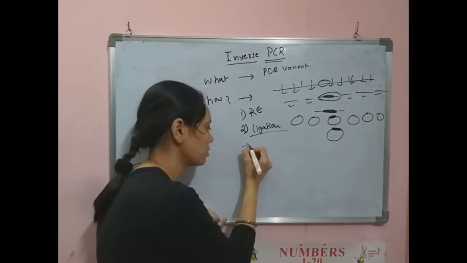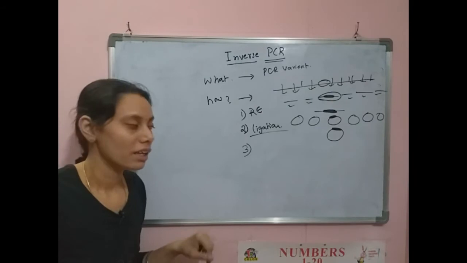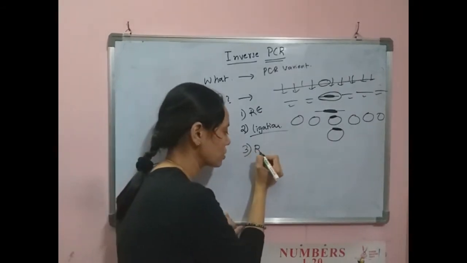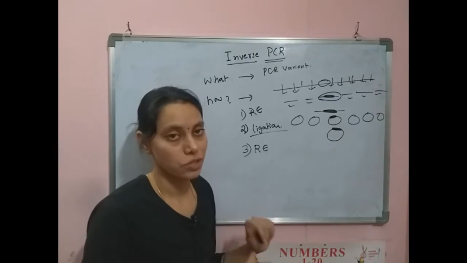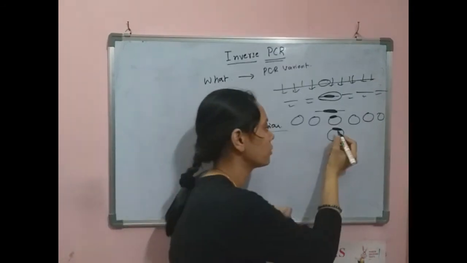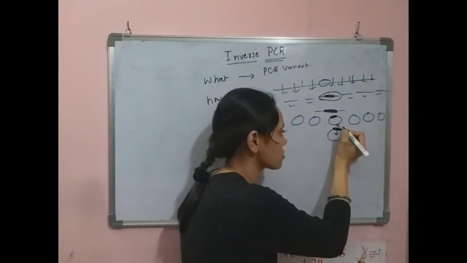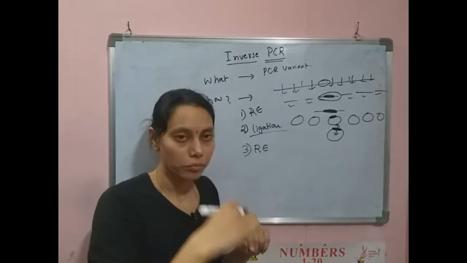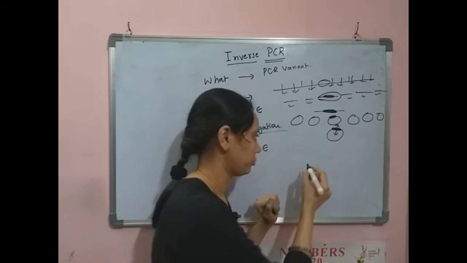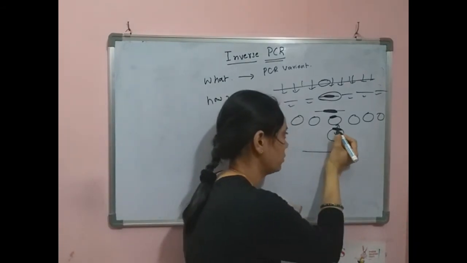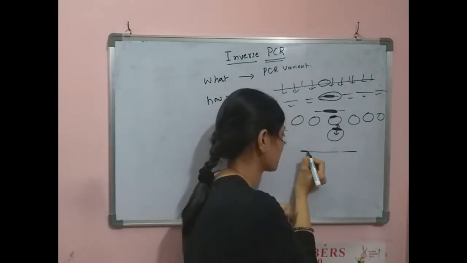And during the third step, again we go for restriction enzyme digestion, and this restriction enzyme will specifically cleave somewhere here in the middle of this known sequence. So what will happen? Here the cleavage will take place.